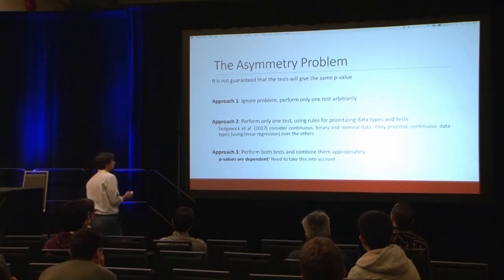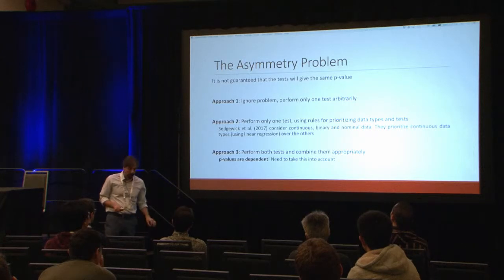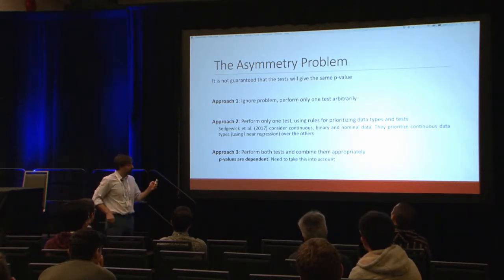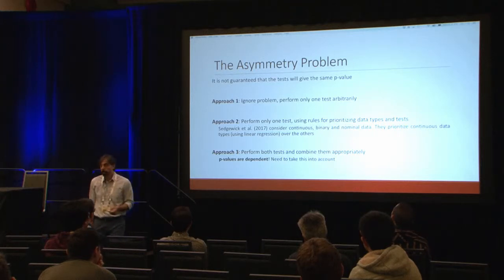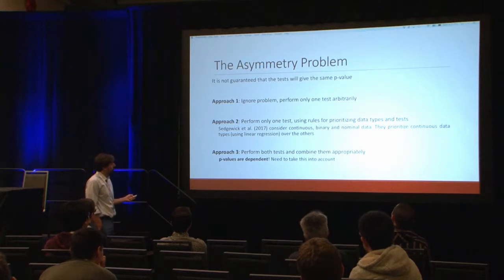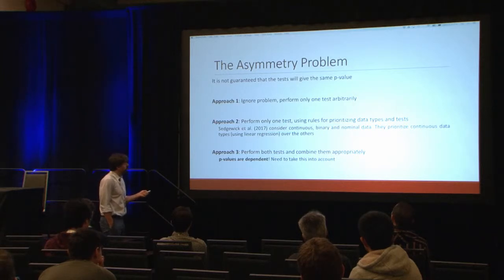The first approach is to lift the carpet and ignore the problem and just perform any test that you want arbitrarily. The second approach is somehow to choose in a more intelligent way which test to perform. And what is suggested recently is to perform the test that is the fastest for each case, for each direction.